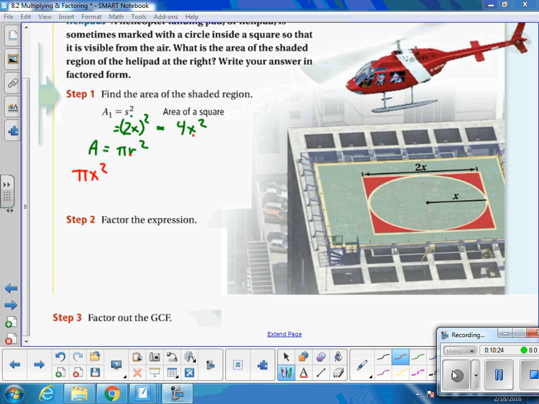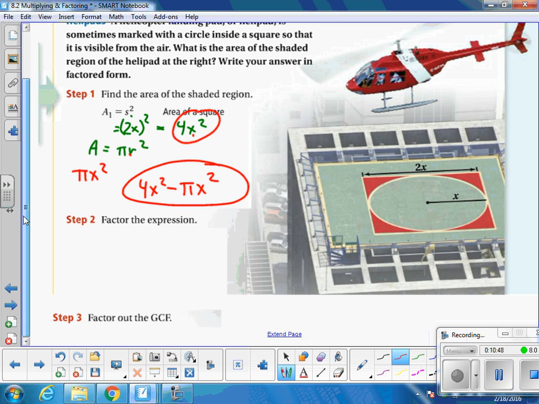So if I know my square, which is here, my area of my square, so my entire square is 4x squared, and I'm going to subtract my circle, which is pi x squared. That's my area of my shaded region. Yeah, so I can work this out.